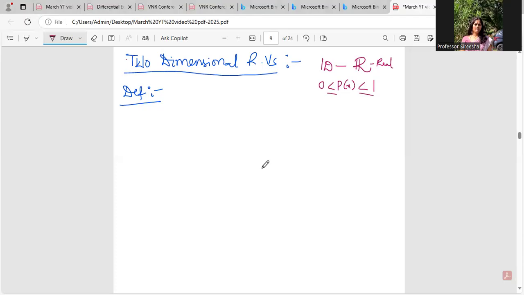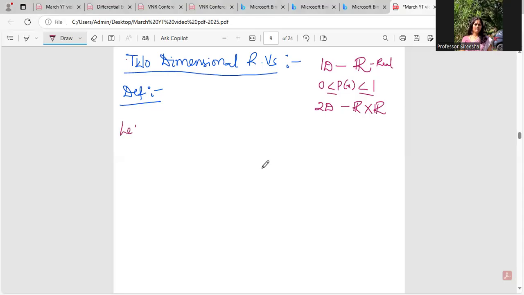Now coming to a two-dimensional random variable, as it says 2D, it would be on R cross R. First, let's define certain things in two-dimensional random variables, like how we have defined for single dimension, and then we will go to the remaining things like solving problems.